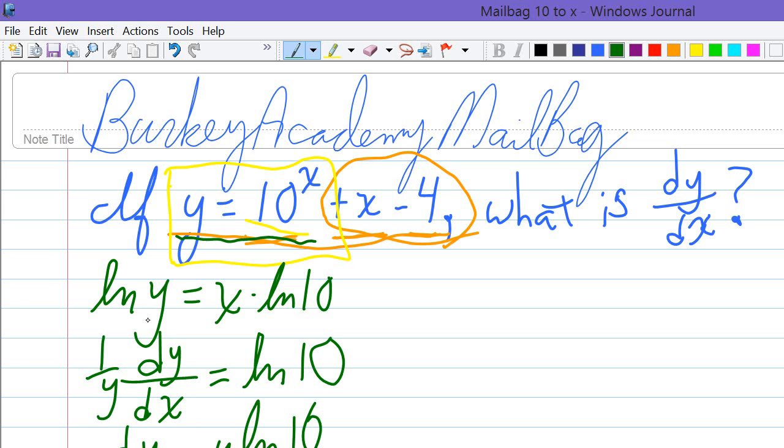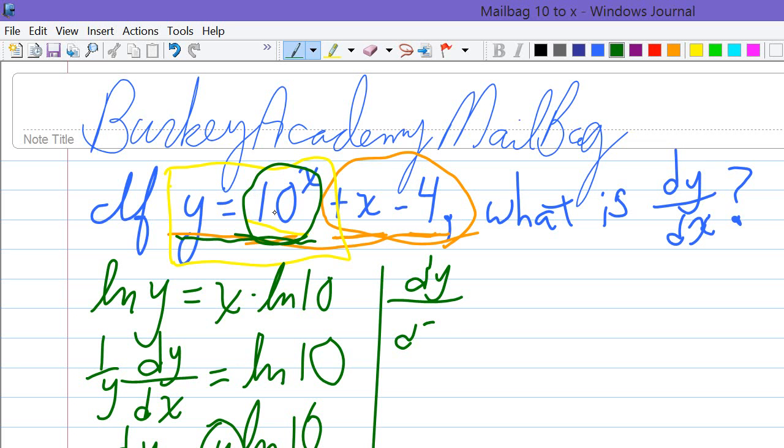And so the last step is just to replace the y with what y is. Well, y equals 10 to the x, in the simplified version. We're just looking at the first term here. So replace y with 10 to the x, and what you get is dy dx equals 10 to the x times the natural log of 10.